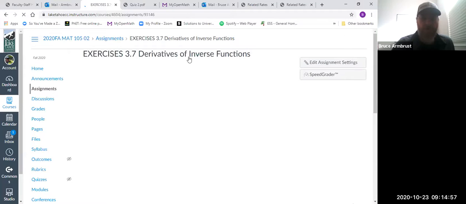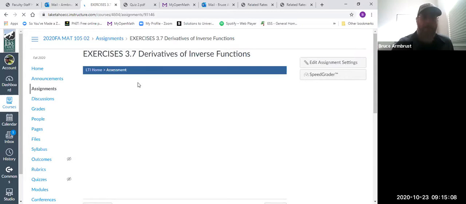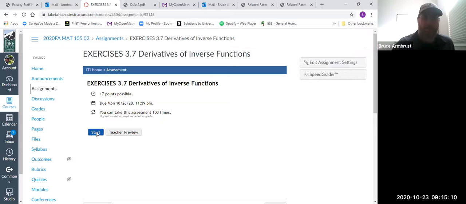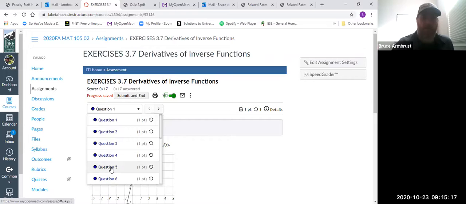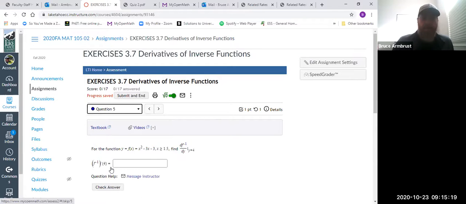So I'll share my screen here. All right, so good old derivatives of inverse functions. Here's number 5.